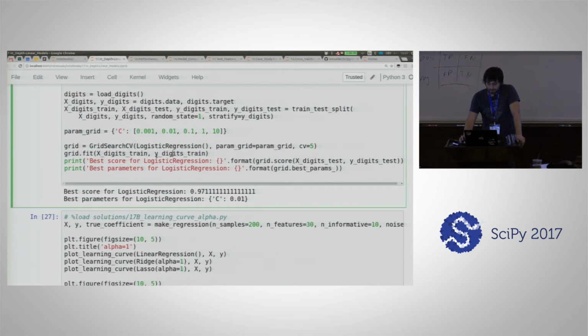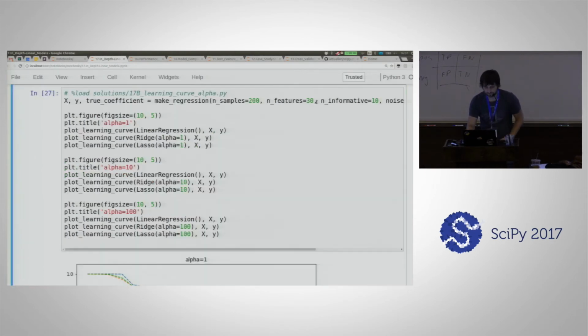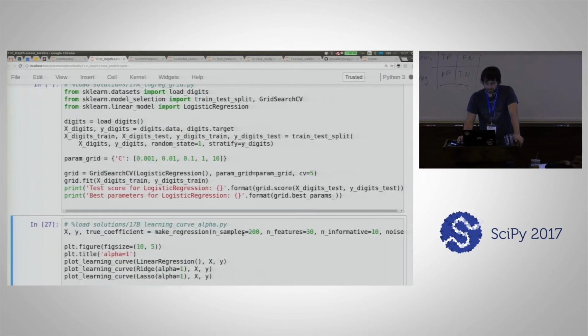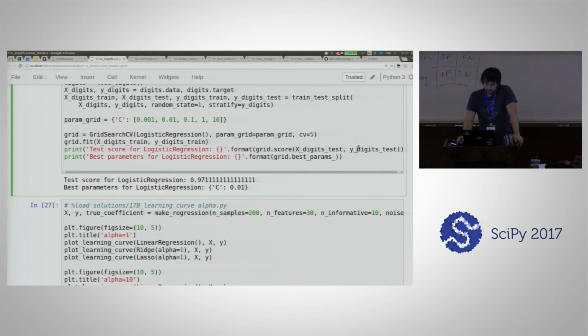We fit it on the training data set, and then we compute a test score and the best parameter. The best parameter was 0.01, this one, and the best test score is 97%. So we got 90% accuracy.